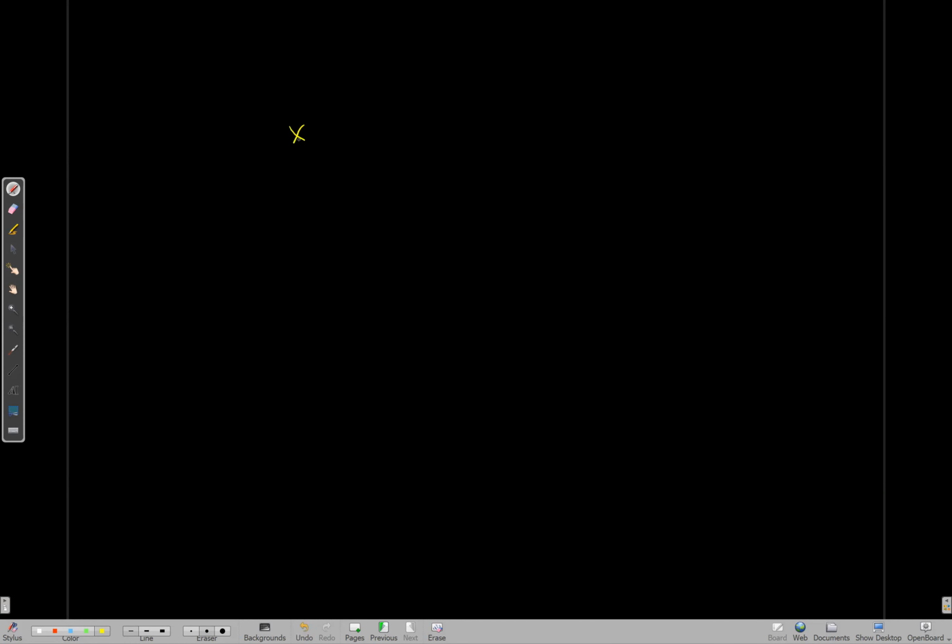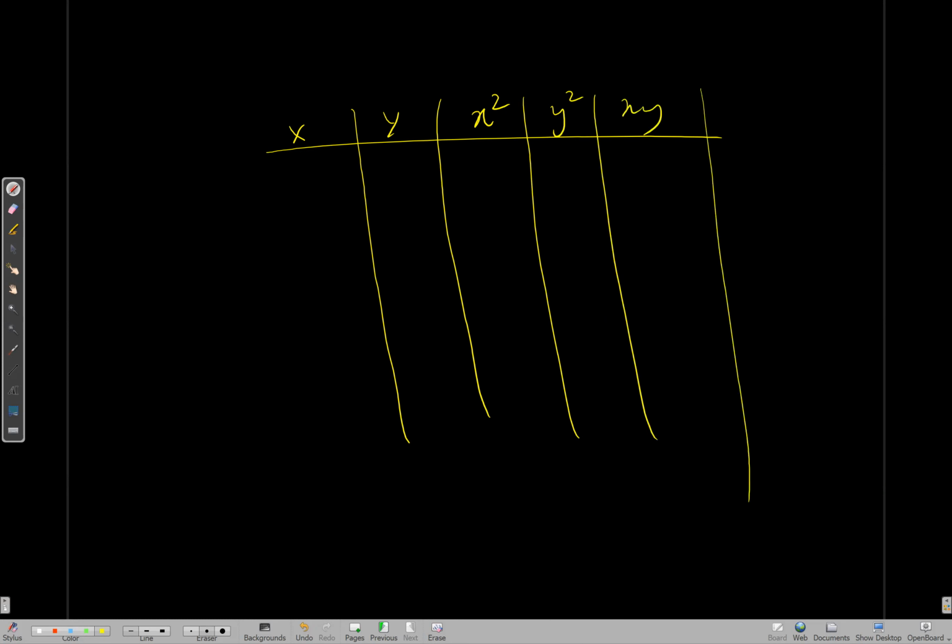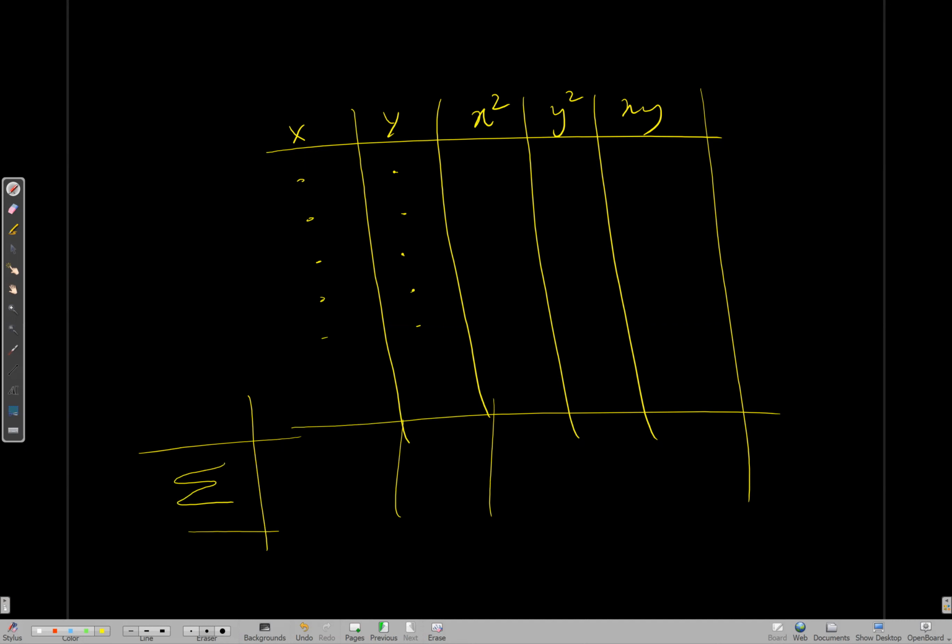So what I want you to do, make a table like this. These x and y values are given, just fill them, and then whatever the number, right over here, let's call sigma. That means you add all these things.